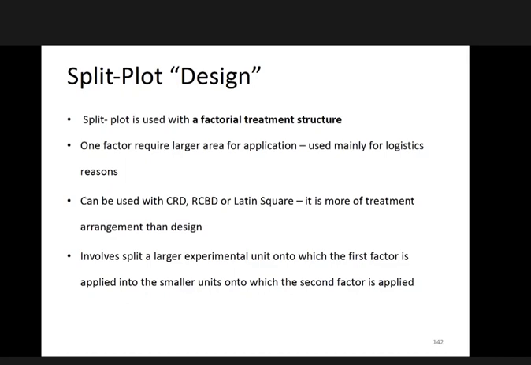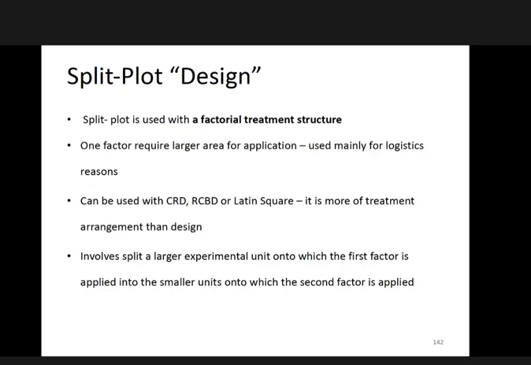And then the other experiment is what we call a split plot. A split plot is used when you have what we call a factorial treatment structure. A factorial treatment structure is when in an experiment you're testing more than one treatment factor.